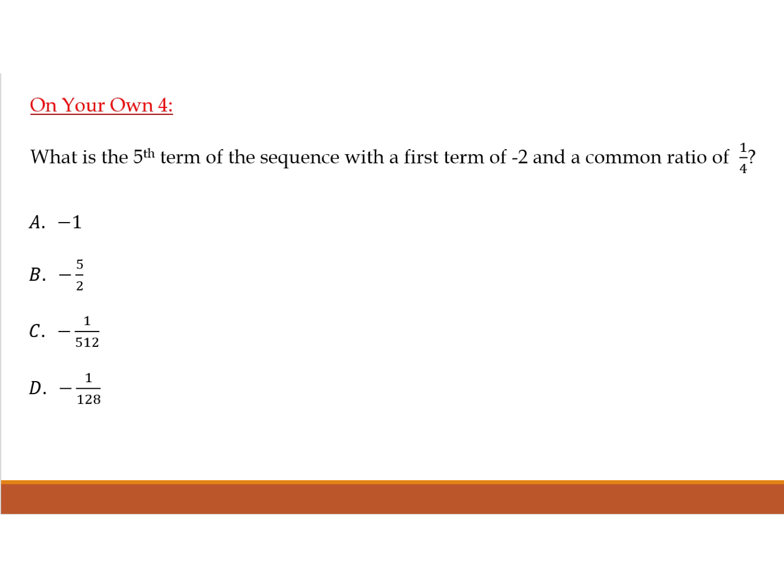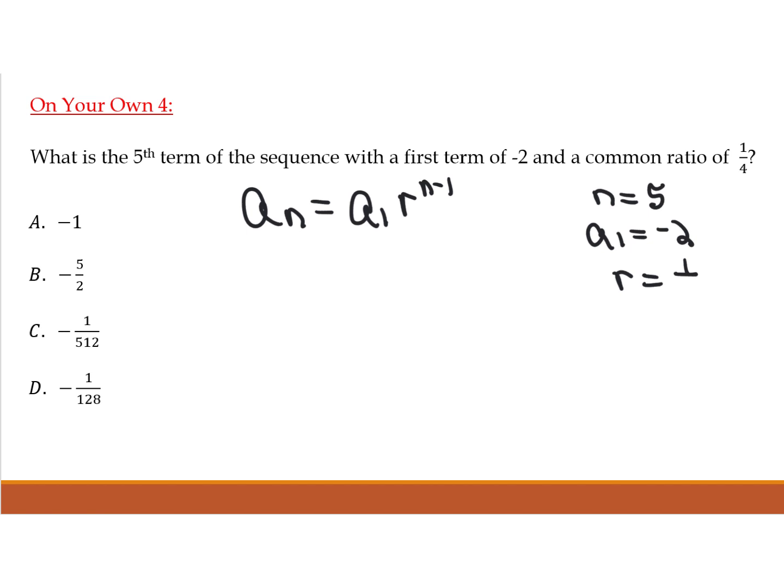So it makes more sense to use our explicit formula, which is going to be a sub n equals a sub 1 times r to the n minus 1 power. And to use that formula, I'm going to define the information that I am given. I'm looking for the fifth term, so I know n is 5. The first term, a sub 1, is -2, and the common ratio is 1/4.